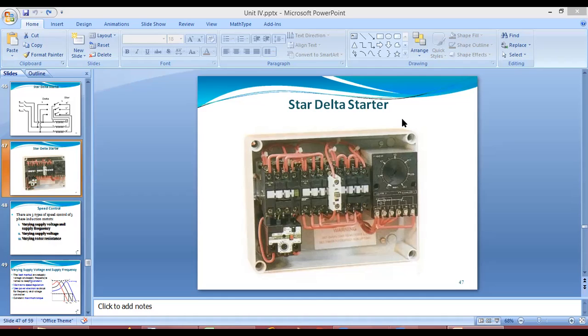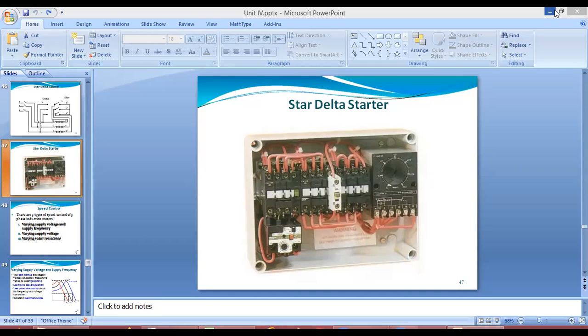Again, we can use different types of starters, like the auto transformer starter and the stator resistance starter. The auto transformer starter can be used for both star connected or delta connected squirrel cage induction motors. It is a three-phase step down transformer with different taps which permit the user to start the motor at 50% up to 80% of the line voltage.